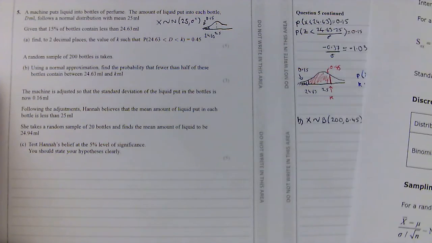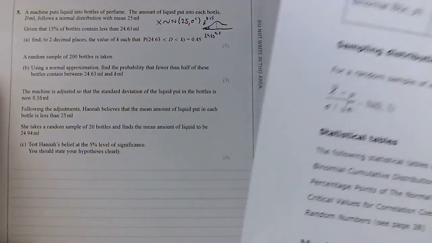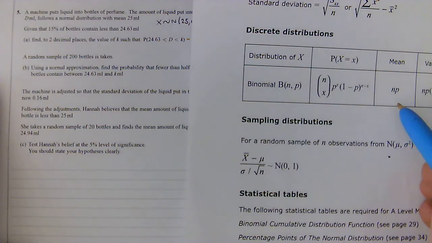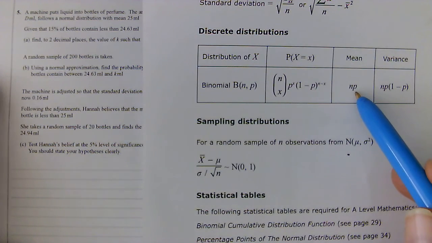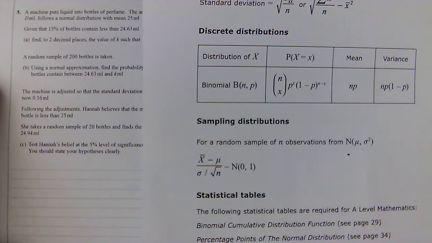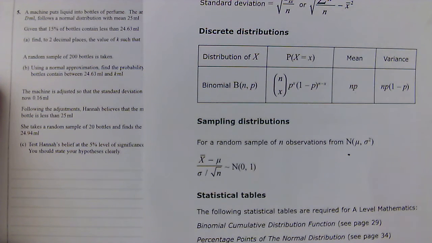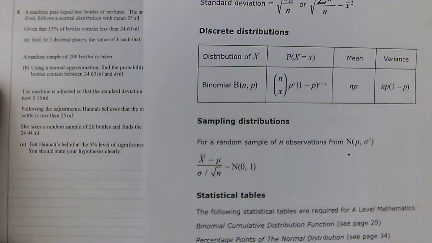Now, using our formula booklet, it's on page 8, we've got our mean and our variance for our normal approximation. The mean is going to be np, the variance is going to be np(1 minus p). Remember, we're going to need to square root that to find the standard deviation.